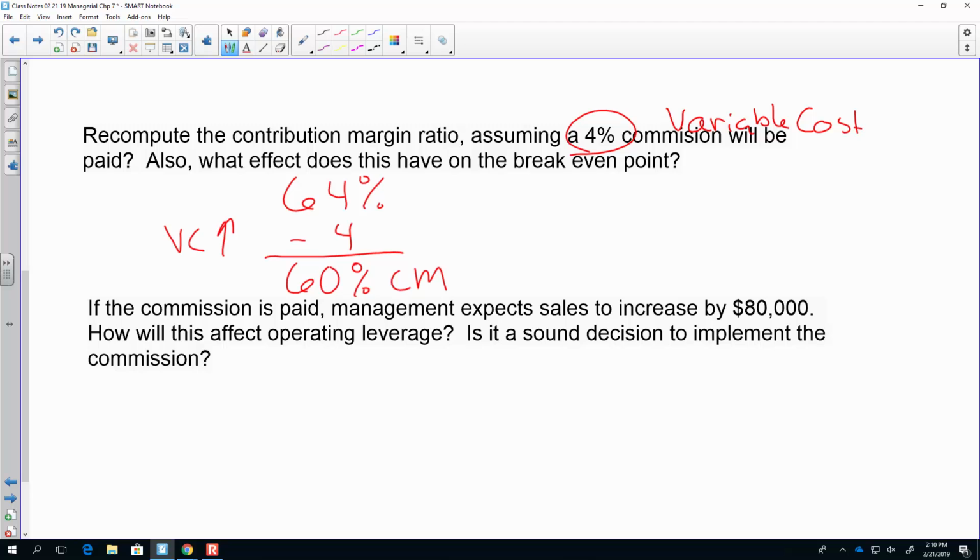Leads us to our next question. If the commission is paid, management expects sales to increase by 80,000. How will this affect our operating leverage? Is it a good decision to implement this additional commission? All right, let's go back to what's happening here.